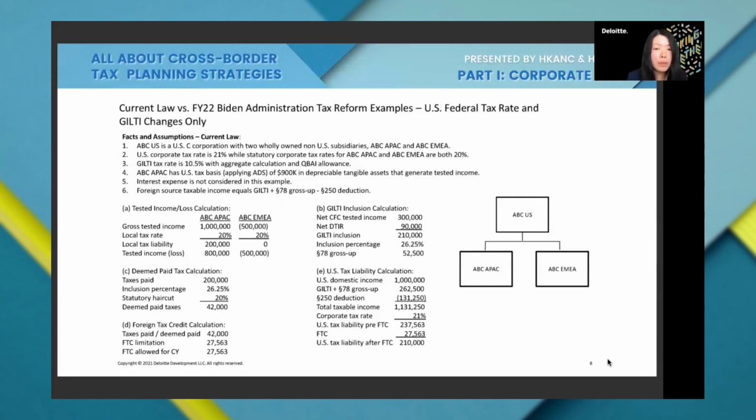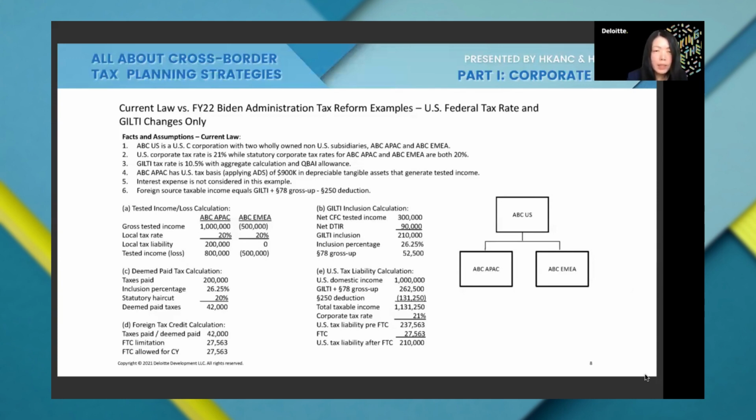Now, if we go to the Biden proposal, you will see that the tax changes from $210,000 to, on the next page, $330,000. This is because, one, the federal rate changed. Even with $1 million U.S. domestic income at 28%, you have to pay $280,000.